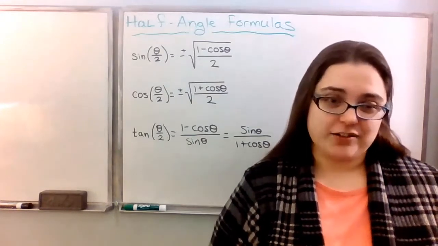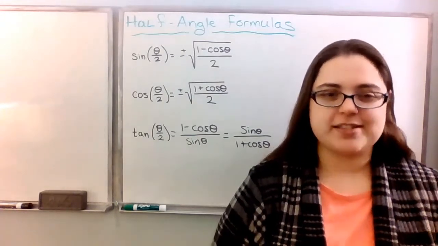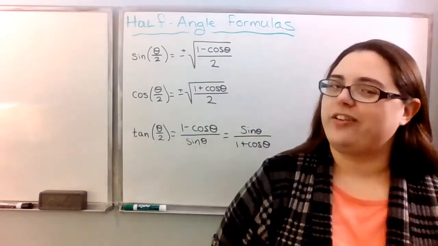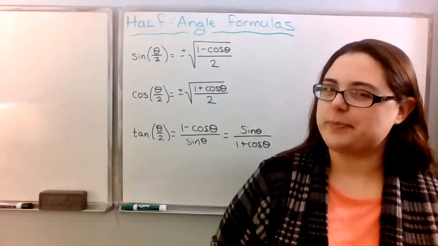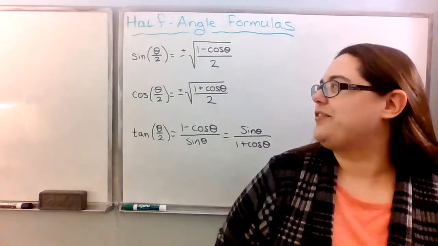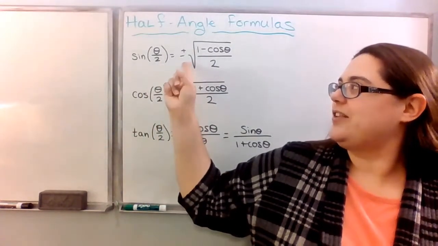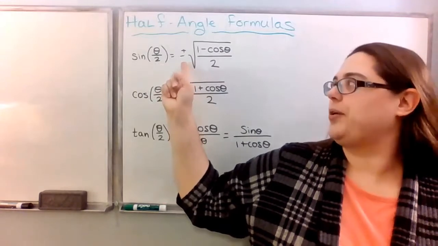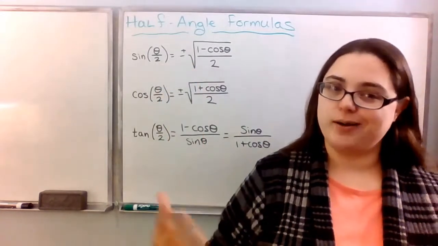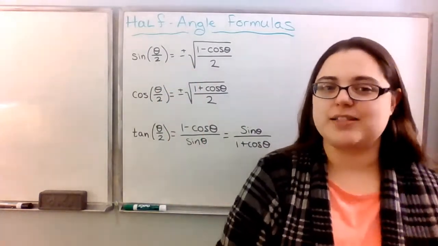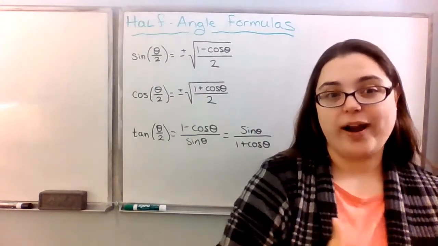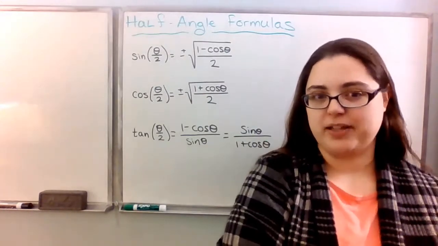One thing that's kind of strange about our half angle formulas is that they're not totally specific. For example, notice that we have sine of theta over 2 is either plus or minus a square root. Whether we get a plus or a minus is going to depend on where theta over 2 ends up landing.